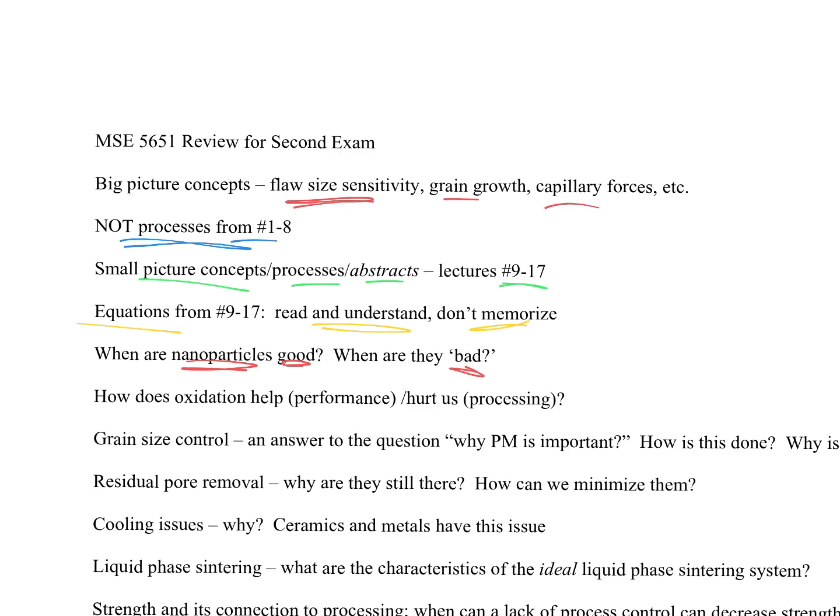And then something new that relates to the metal injection molding side of things is oxidation. We didn't worry about this with ceramics, but metals we absolutely do. And we know that oxidation is helpful to us in terms of performance of these alloys, and that if we didn't have oxidation, they might not be very useful materials to us because the oxide layer provides a kinetic barrier to oxidation.